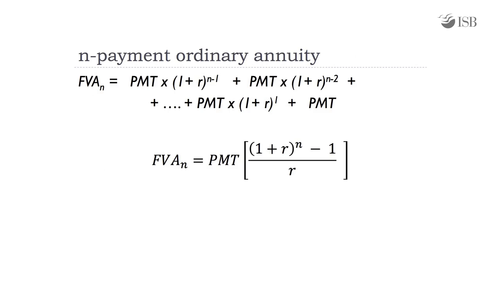For an end payment ordinary annuity, we have FVA sub n equals PMT times (1 plus R) raised to the power of n minus 1, plus PMT times (1 plus R) raised to the power of n minus 2, and so on, plus PMT times (1 plus R) raised to the power of 0. This can be simplified to FVA sub n equals PMT times ((1 plus R) raised to the power of n, minus 1) divided by R.